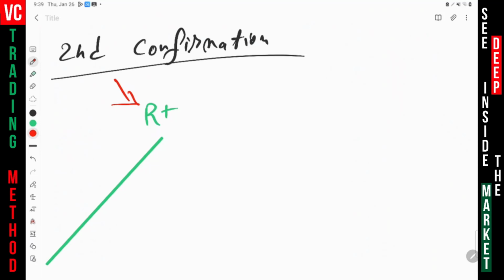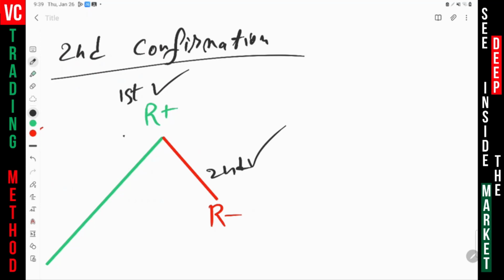After that, if the next wave is negative and the results are also negative, this is called the second confirmation, because the first confirmation is met here, and then the second confirmation is also met here. That's why it is called the second confirmation.